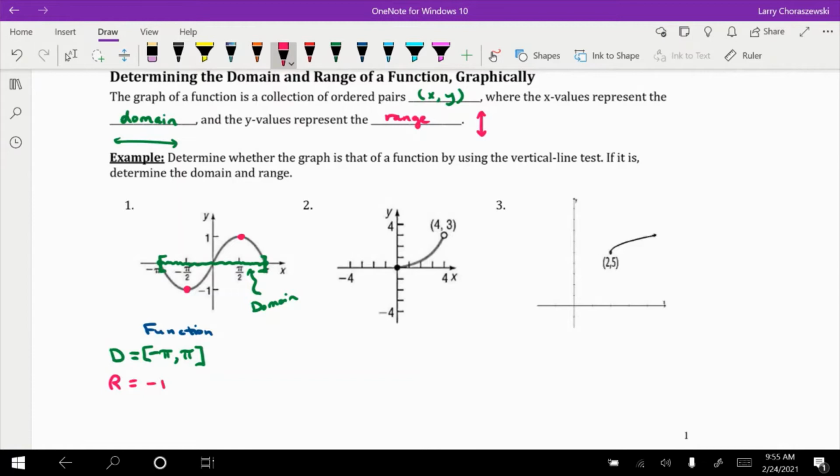The graph doesn't get any higher than this. And again, all things considered, let's call that +1. And since these are points that are actually on the graph, I'm going to bracket both these y values and shade between them, indicating that every y value between -1 and +1 is being used on this graph. In other words, that's our range. Does that make sense?